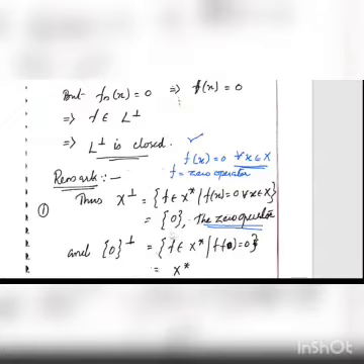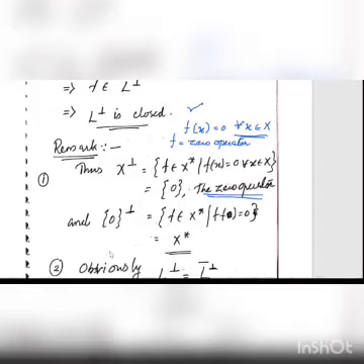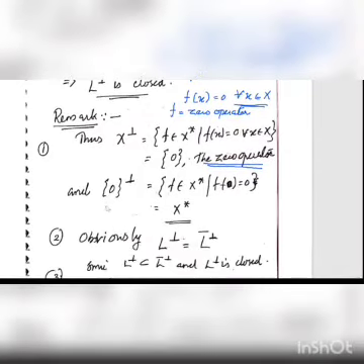Now conversely, I am finding the annihilator of zero. This is a subset, right? So the annihilator of this subset. Here, singleton 0 is a subset of X, but there it is the 0 operator.